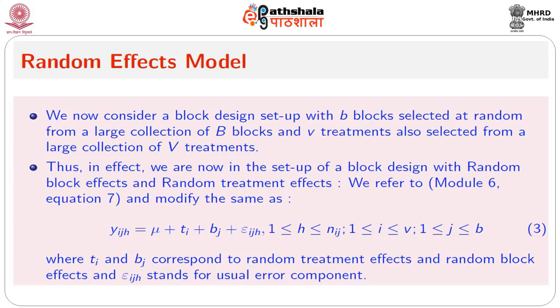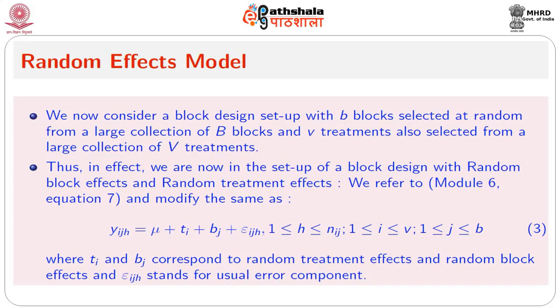We refer to the earlier model, and this time we modify the model as mu plus Ti plus Bj plus epsilon ijh. So we are referring to a very general block design where yijh refers to the output corresponding to the hth replication of the ith treatment in the jth block, and h goes from 1 to nij, and we assume nij to be positive. Now the thing to be noted is that we are no longer writing tau, we are writing Ti.